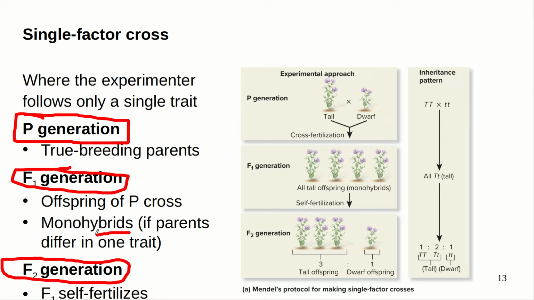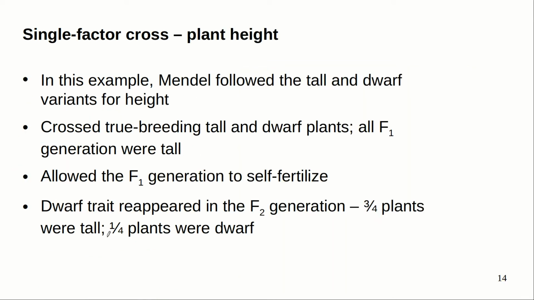Read through. You might see the term monohybrid in there. We've already talked about true breeding, and we've also talked about self-fertilizing. So make sure you review this. Let's see, single factor cross. This is when you are looking at just one particular factor, or character.